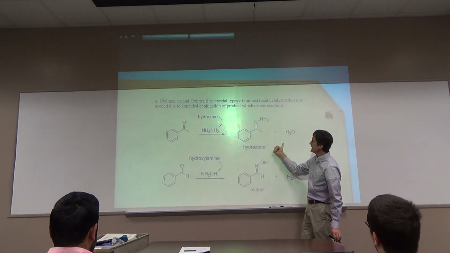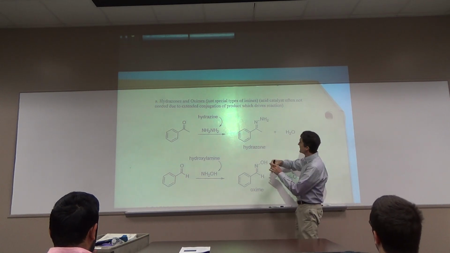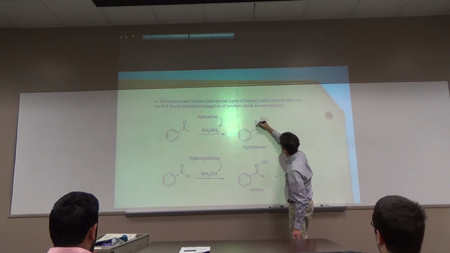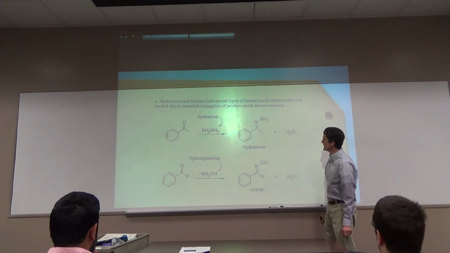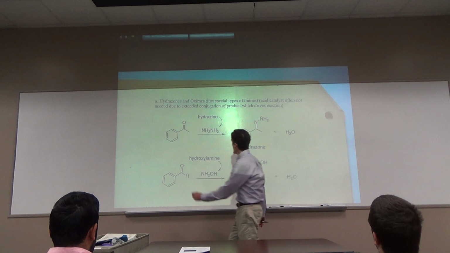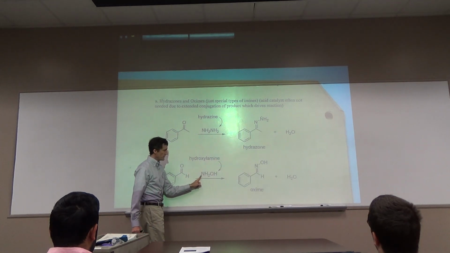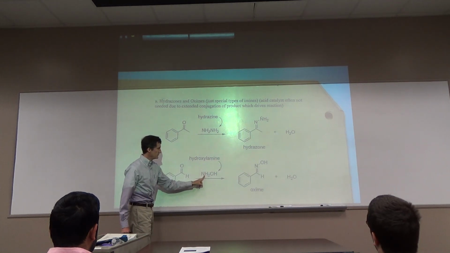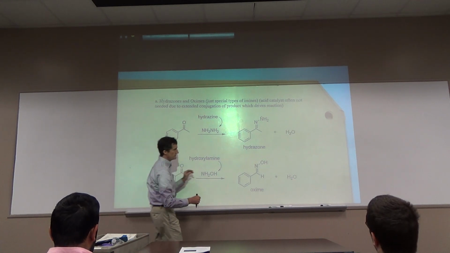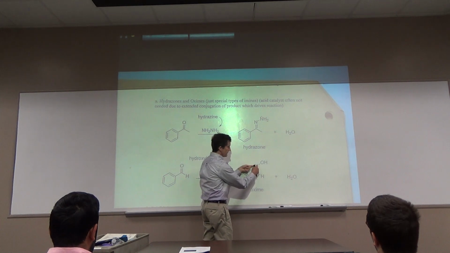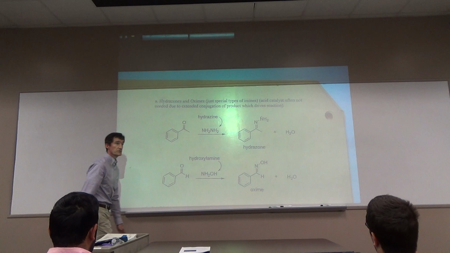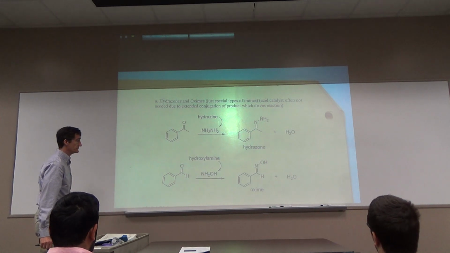These are fairly easily made. You don't have to worry about the equilibrium because we have conjugation of this lone pair with the double bond, so it's usually driven this way pretty well. Hydrazone, you do need to know these names. If you use hydroxylamine, it's a known compound, it's stable, it reacts with the aldehyde or ketone to give the imine, the OH there, that's called an oxime. It's just a special type of imine.